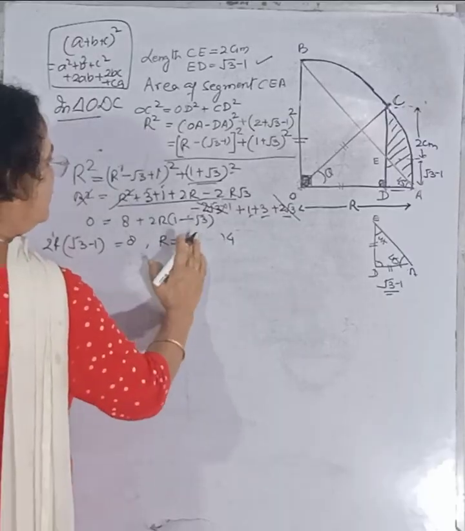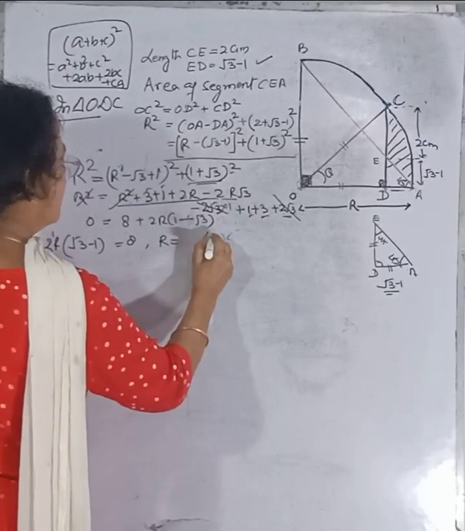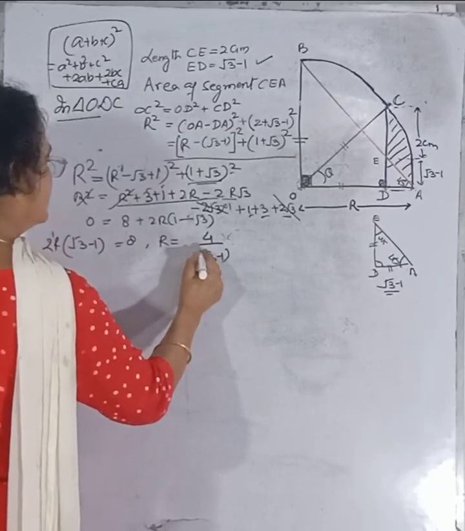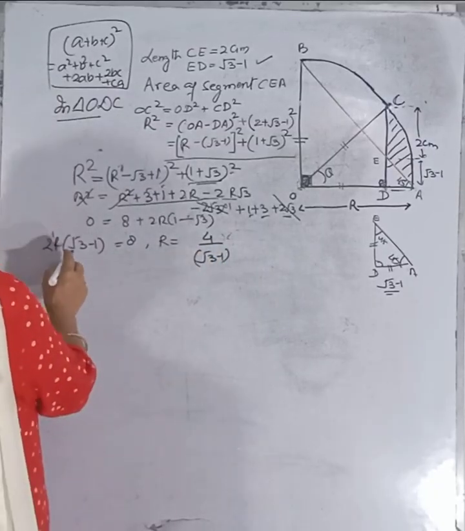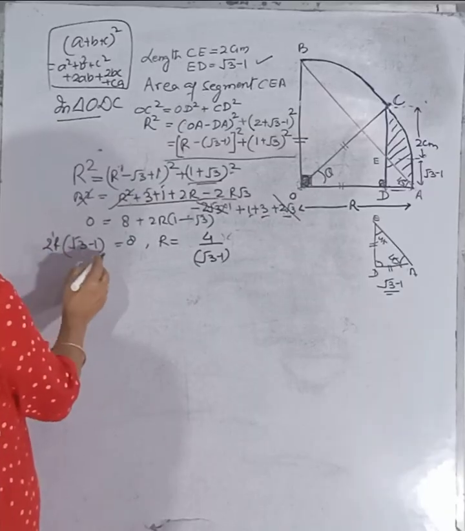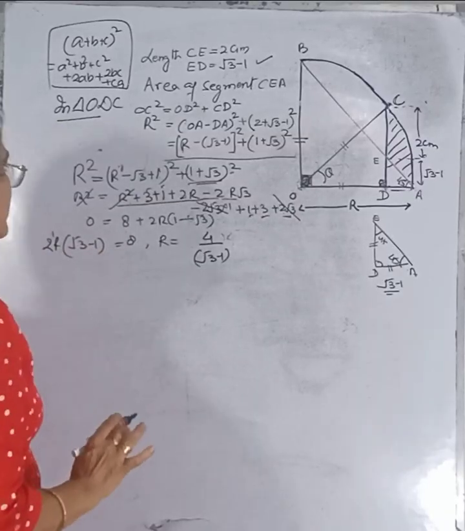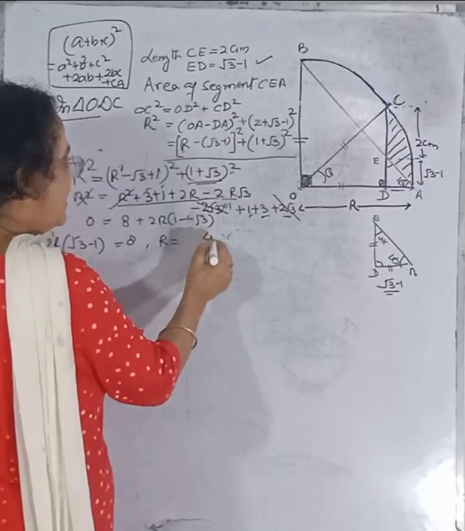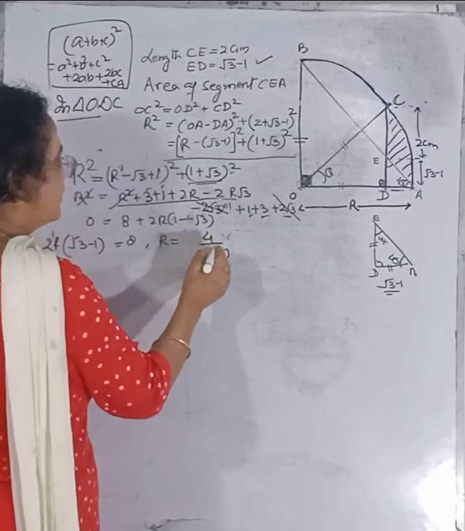R will be 8 upon root 3 minus 1. 2 will get cancelled. Multiply numerator as well as denominator by root 3 plus 1.